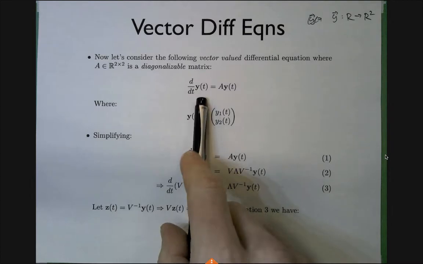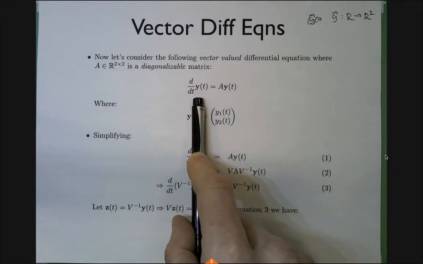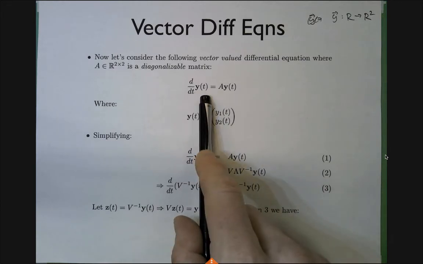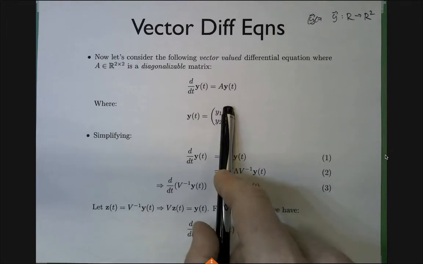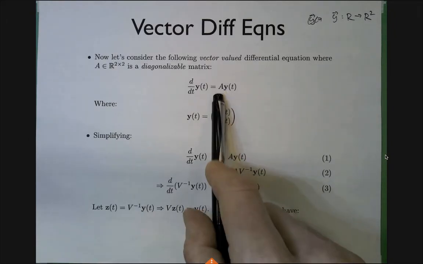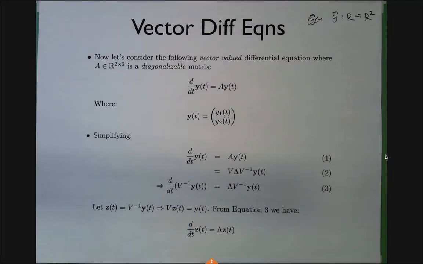And now this is a more interesting case. I'm solving a non-trivial 2D differential equation, where I say that the derivative of y, that means differentiating each coordinate separately, needs to be equal to some matrix times the function itself.